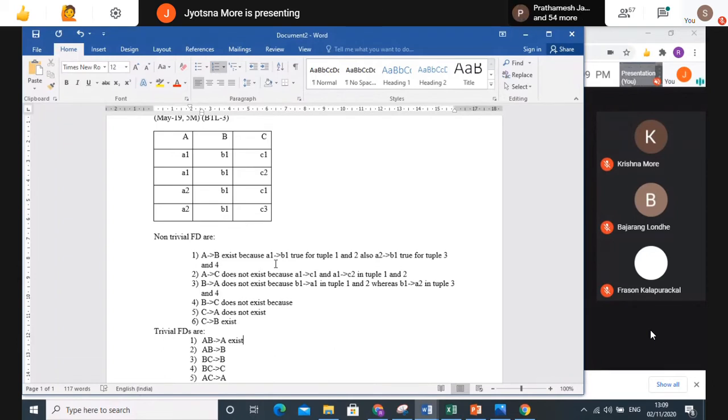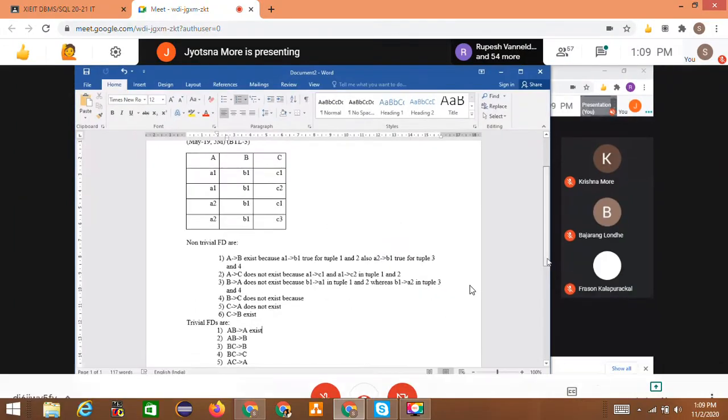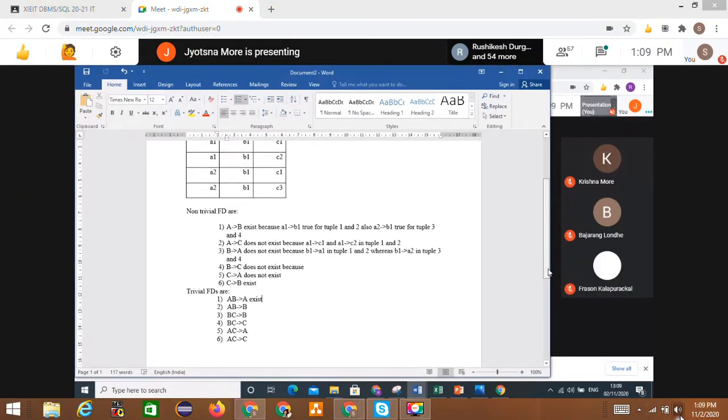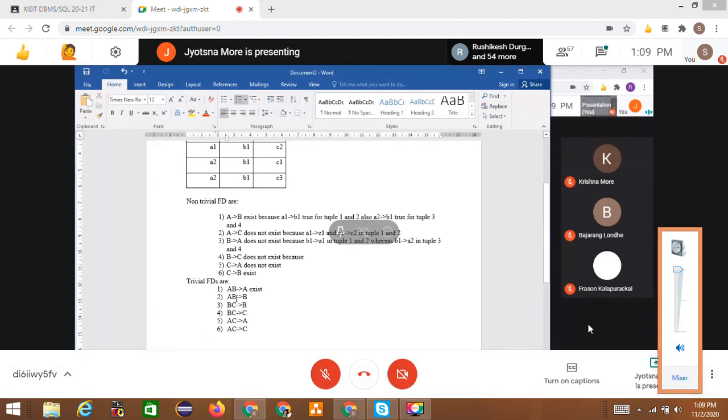That is our functional dependency rule. If tuple T1 value is same as tuple T2 on the left side, that is A for example, then it has to be same, or tuple T1 of B equals tuple T2 of B. So this functional dependency also exists. Any doubt in this question? Simple. So these all functional dependencies exist.